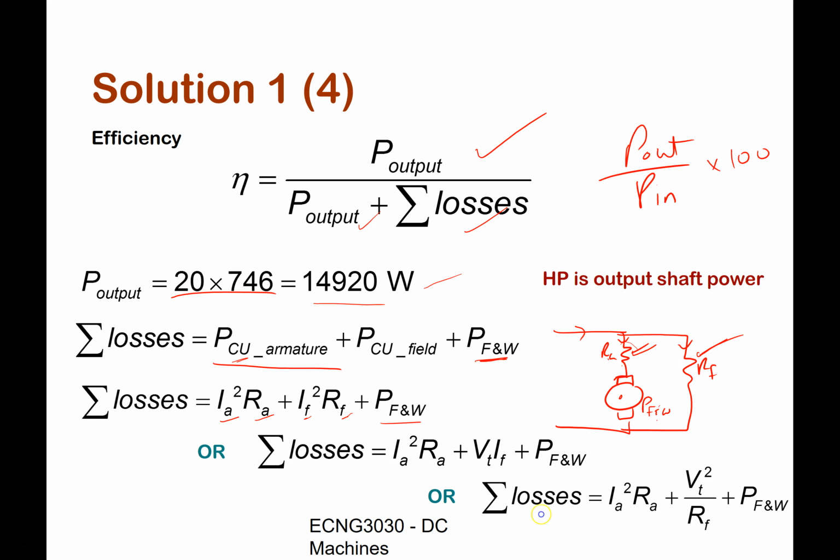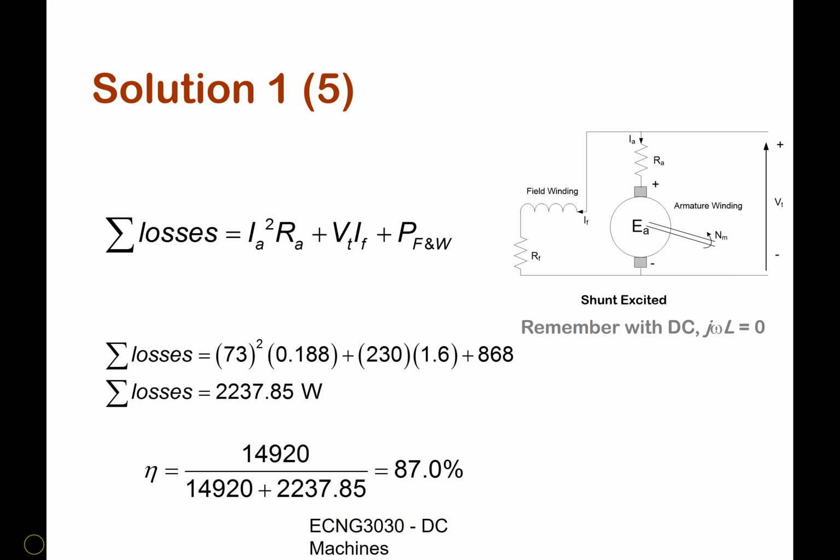So when we put those together, we get 73 squared, which is the current here, Ia squared times Ra. Then we have the current here is 1.6 amps, and we know the voltage across this is the same voltage here, which is 230. So we have 230 times 1.6 plus 868.